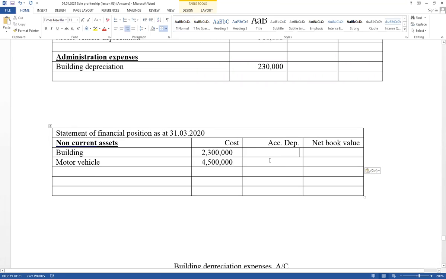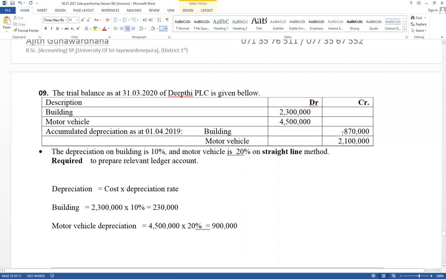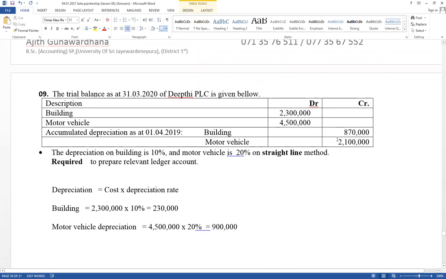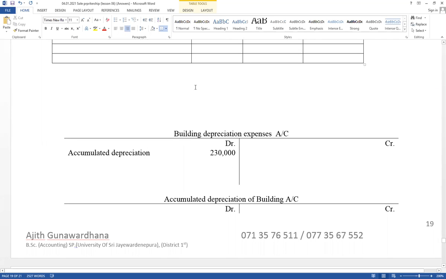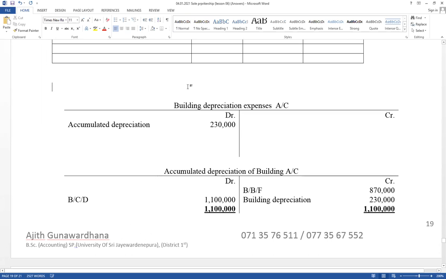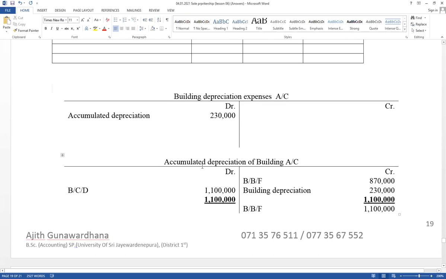But as accumulated depreciation, the opening balance available in the trial balance cannot be disclosed. The closing balance is calculated already in the accumulated depreciation accounts. Therefore, accumulated depreciation of building equals 1.1 million.